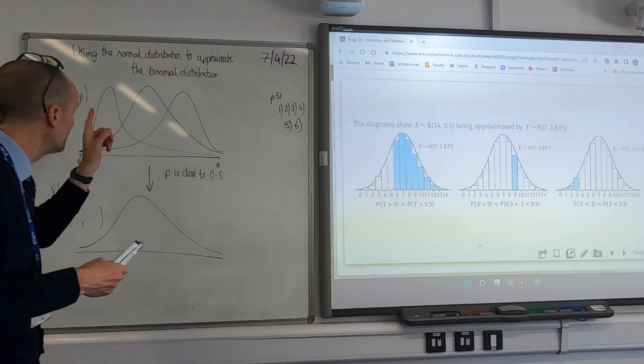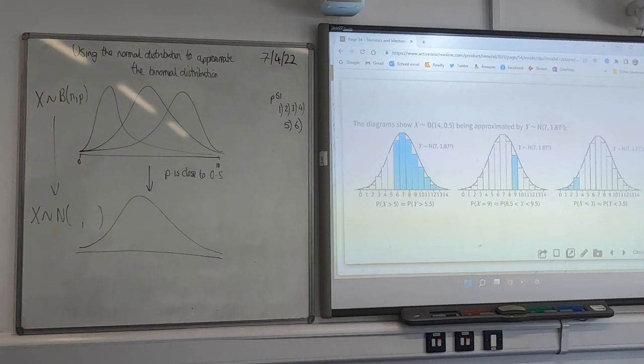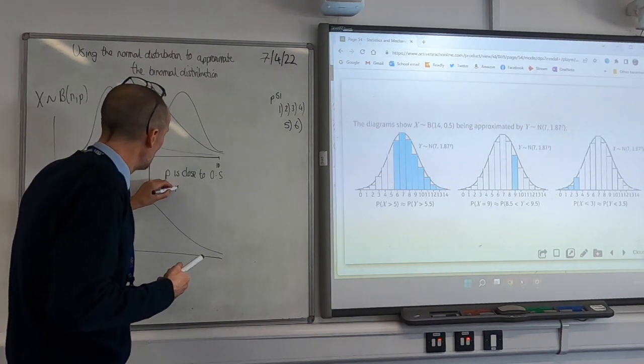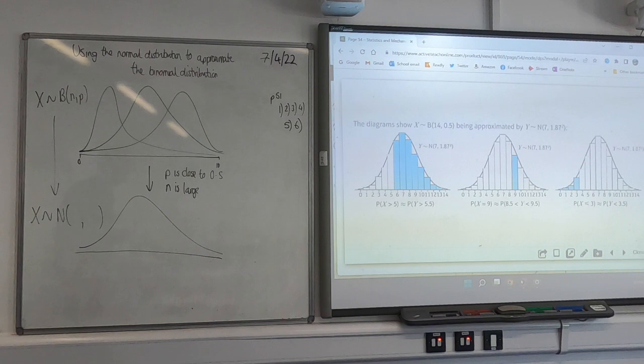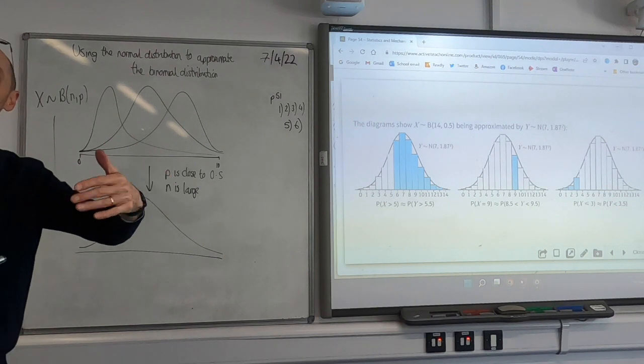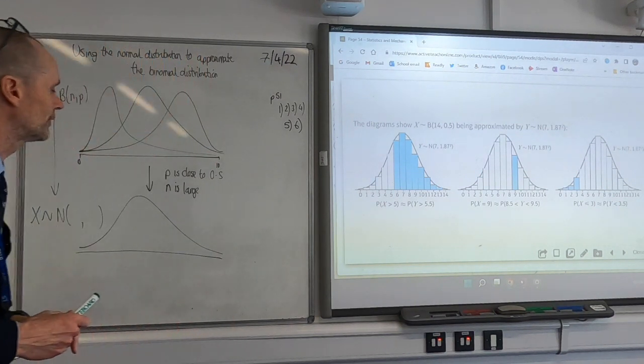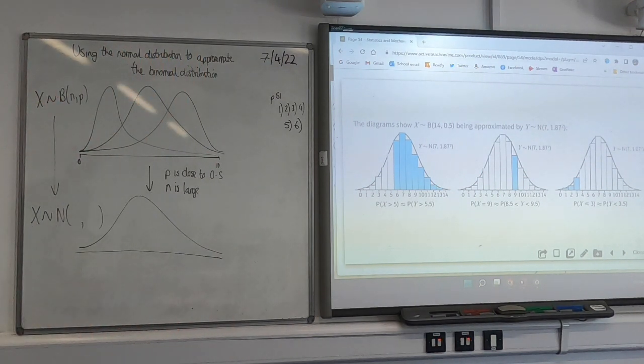So the other thing you need in order to be able to use the normal distribution as an approximation for the binomial is you need n to be large. And large is a very vague term, isn't it? So in questions, it will always say use an appropriate approximation. You'll be told that n is large enough. There's another problem.